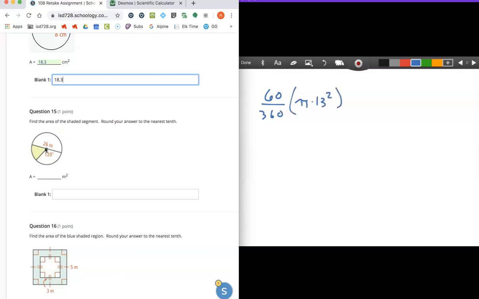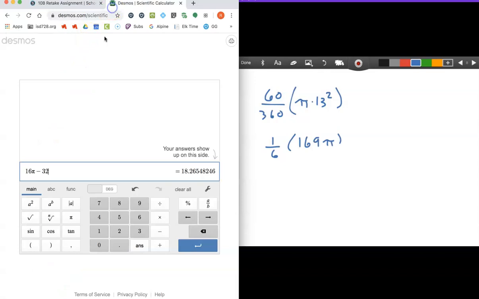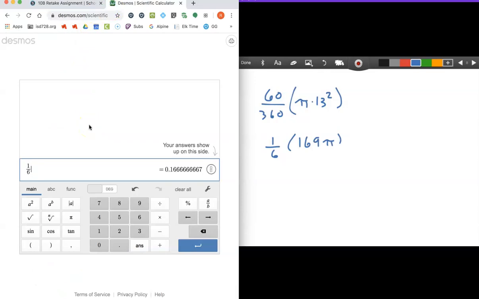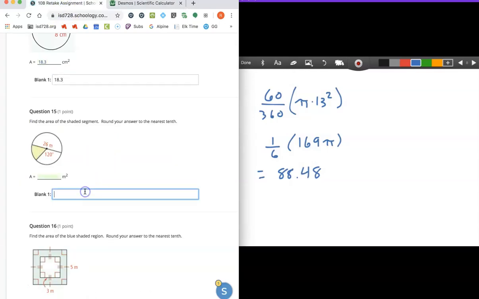R is half of 26. So we have basically 1/6 of pi times 13 squared, which is 169 pi. This one they want to the nearest tenth, so we're going to type it all in: 1/6 times 169 times pi. For this one, we have 88.48, which is going to round up to 88.5.